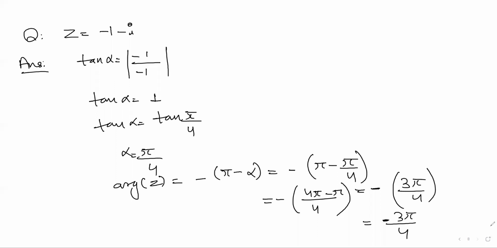Okay, then please try this question. Z is equal to minus 1 plus iota. Please try this and share your answer.